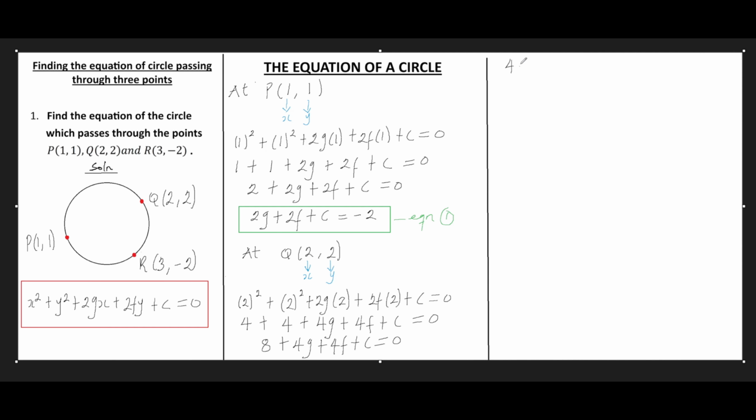So we have 4g plus 4f plus c is equal to negative 8. So this is our second equation, equation 2.